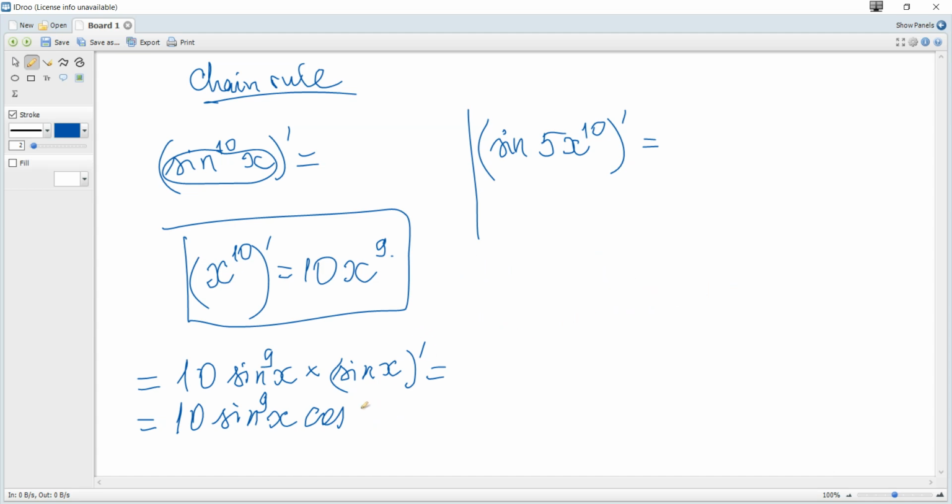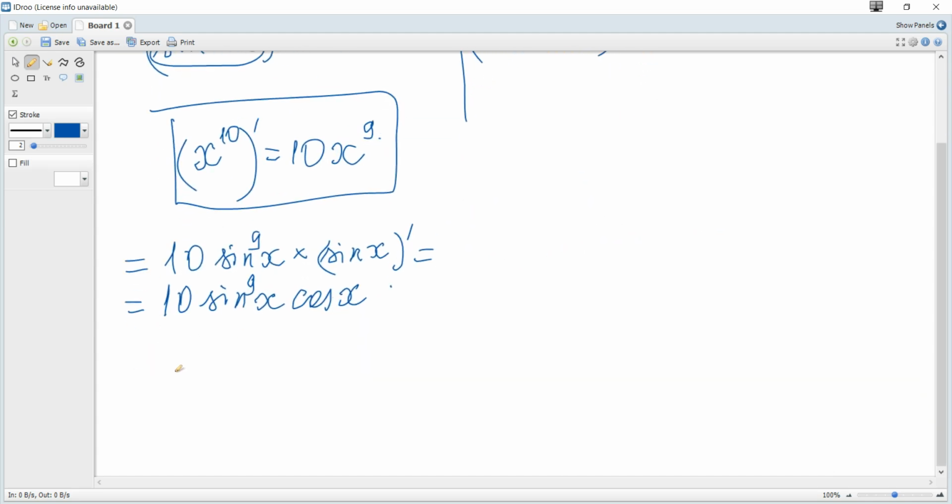Another example. For example, ln cubed x derivative. Again, power here means that it's ln raised to the third power.